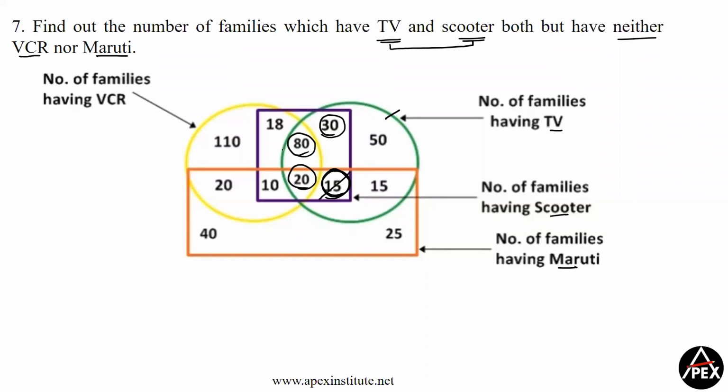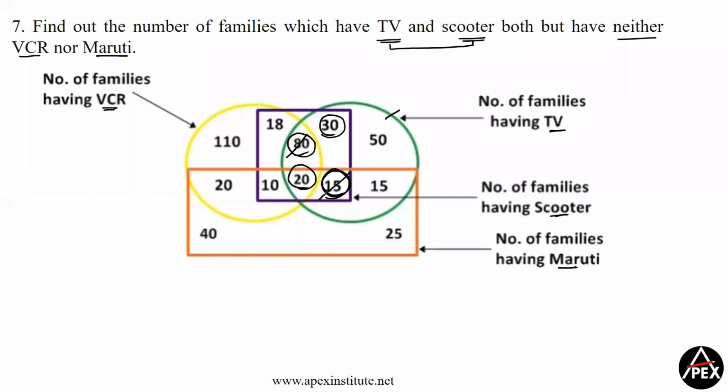Now if I look at this 80, these 80 families will be having TV, isn't it? Will be having scooter, and they also have VCR. So I can eliminate this, because as per the question given, they should not be having VCR or Maruti, isn't it?